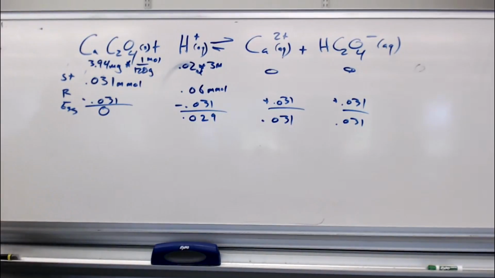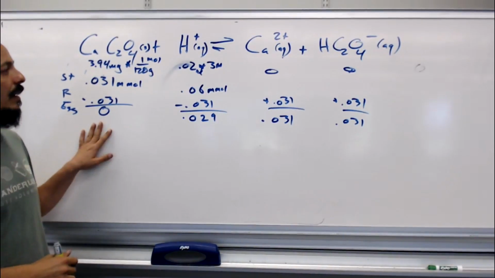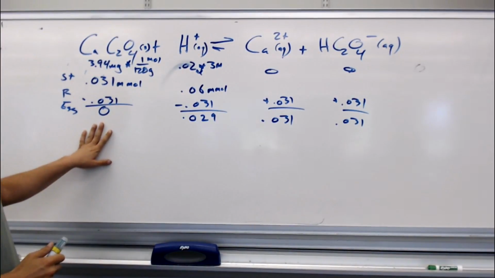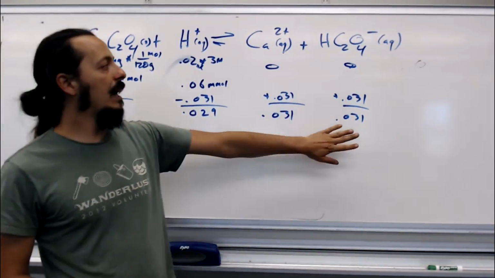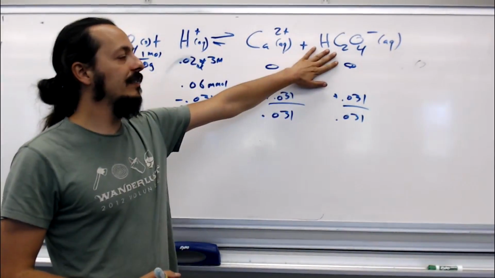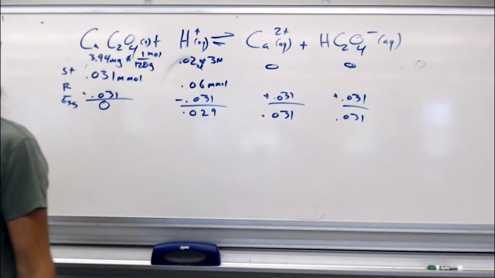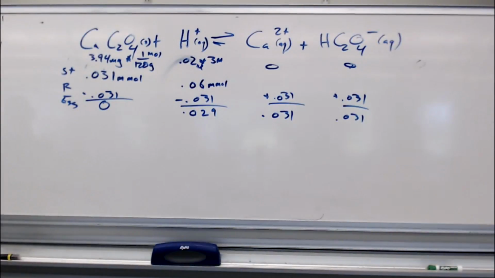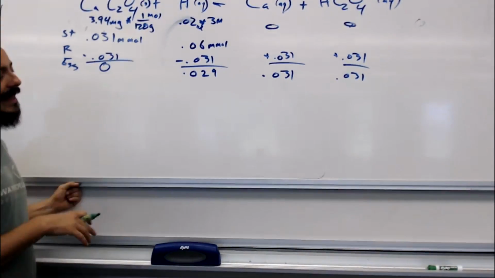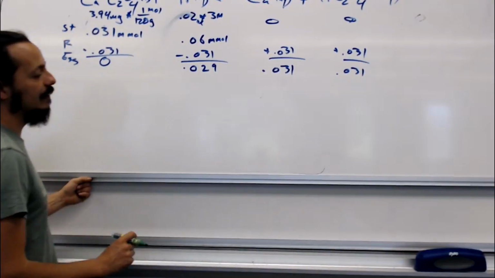We then want to say, okay, I've dissolved all of my calcium oxalate. I've got no oxalate left in solution because it all goes to this protonated oxalate form. Ta-da, there's no oxalate in solution. That's not true, right? So the problem was asking how much oxalate ends up in solution.